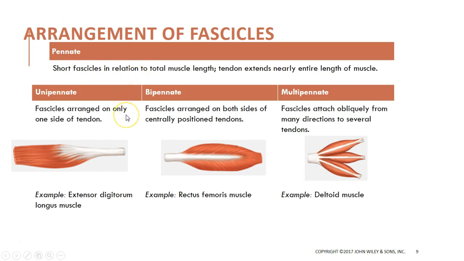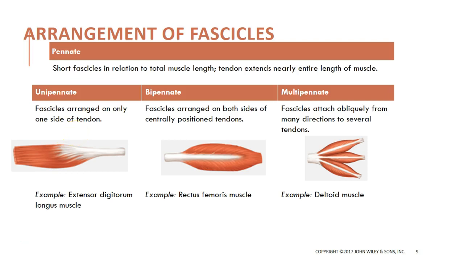So these tend to be usually very strong contractions. With a unipinnate, one direction of feather-arranged muscles, the fascicles insert into only one side of the tendon. An example of this is the extensor digitorum longus muscle of the leg.